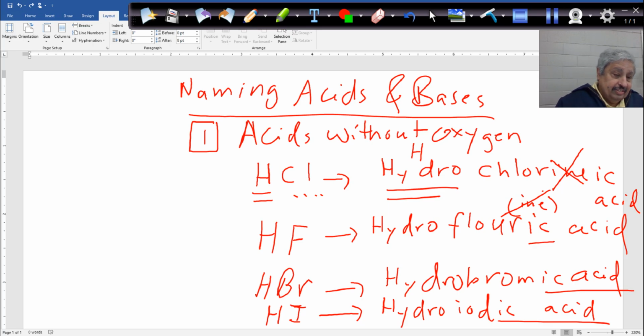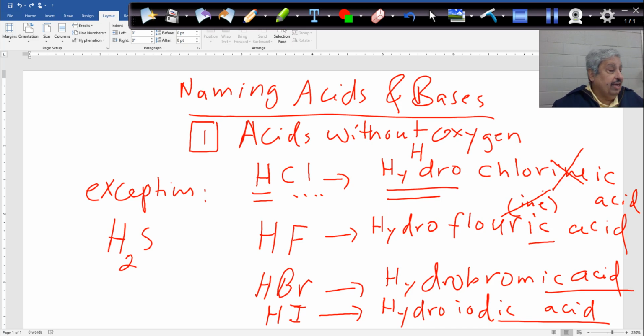There's some strange exception here. We have an acid that has no oxygen, but it is an acid too, a weak acid. This is H2S. For this acid you cannot say hydrosulfuric acid.